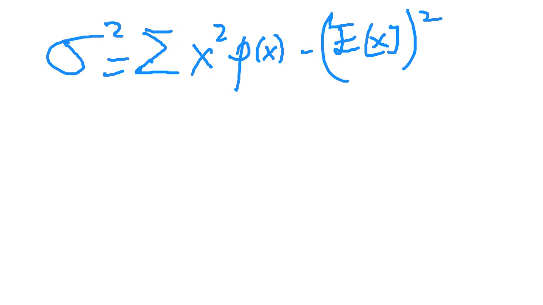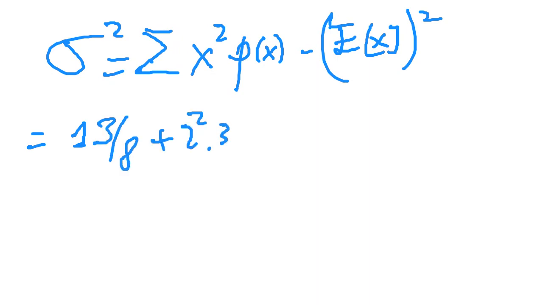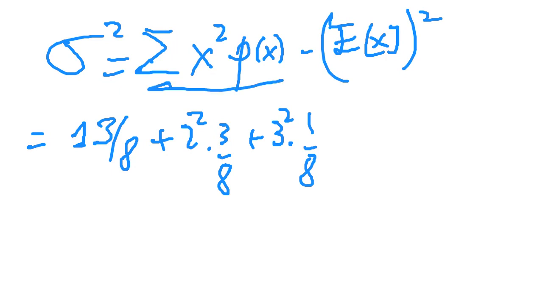Here we have 0 squared, which is 0, right? 1 squared is 1, and that times 3 over 8, plus 2 squared times 3 over 8, and 3 squared times 1 over 8. Minus 3 over 2, the expected value, squared.